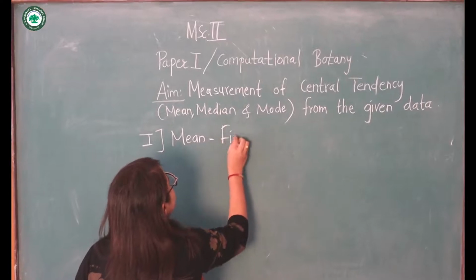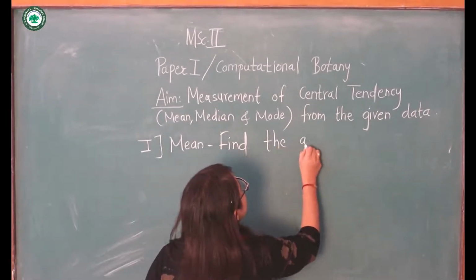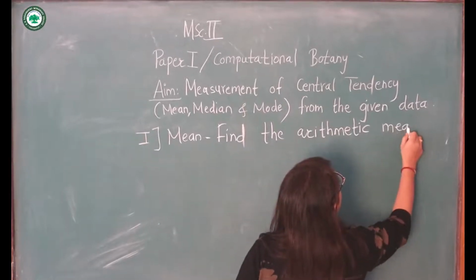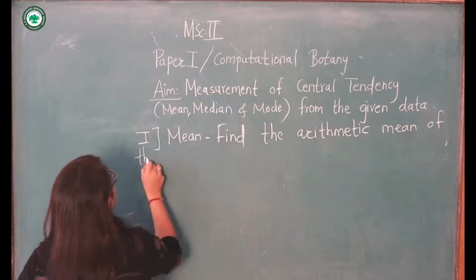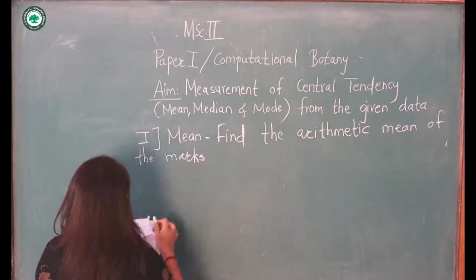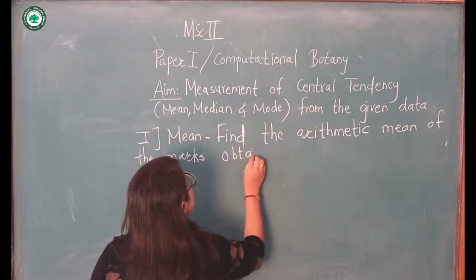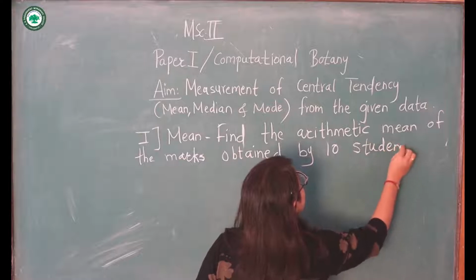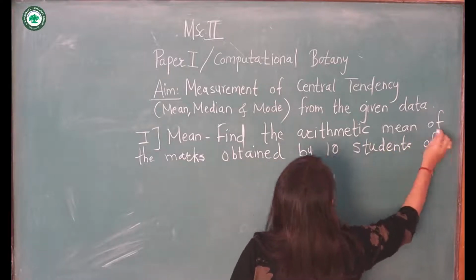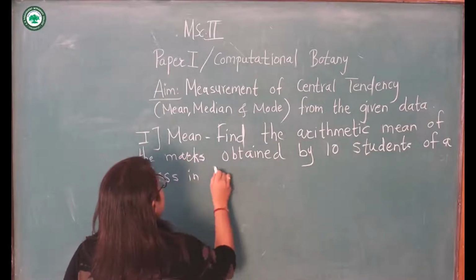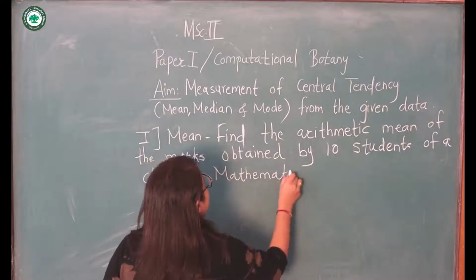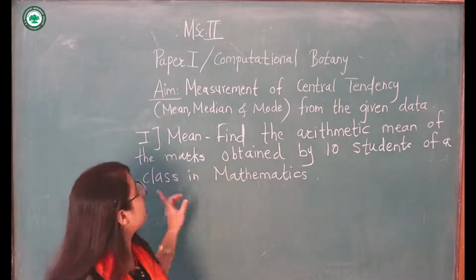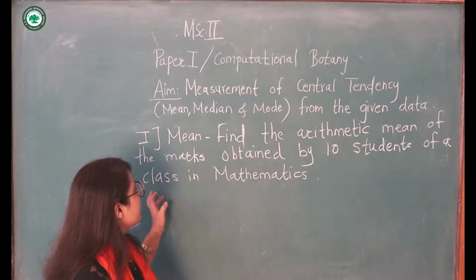For ungrouped data, find the arithmetic mean of the marks obtained by 10 students of a class in mathematics.